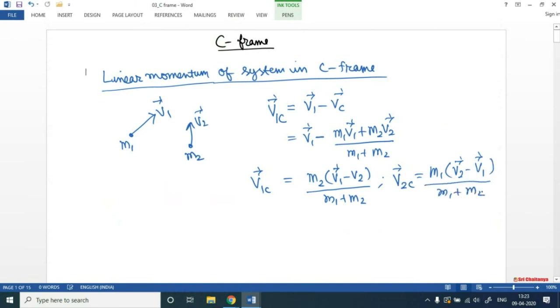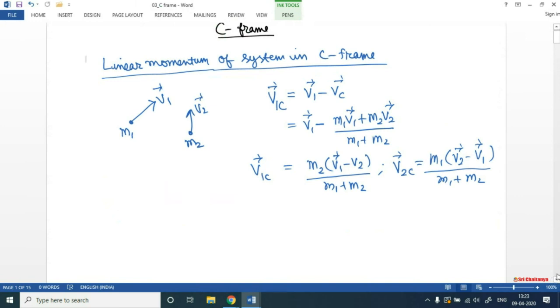Okay, so now let's try to find the linear momentum of particle 1 with respect to the center of mass. That is definitely going to be the mass of particle 1 multiplied by the velocity of 1 with respect to the center of mass, which we have already found. So this will give us m1 m2 divided by m1 plus m2 into (v1 minus v2).